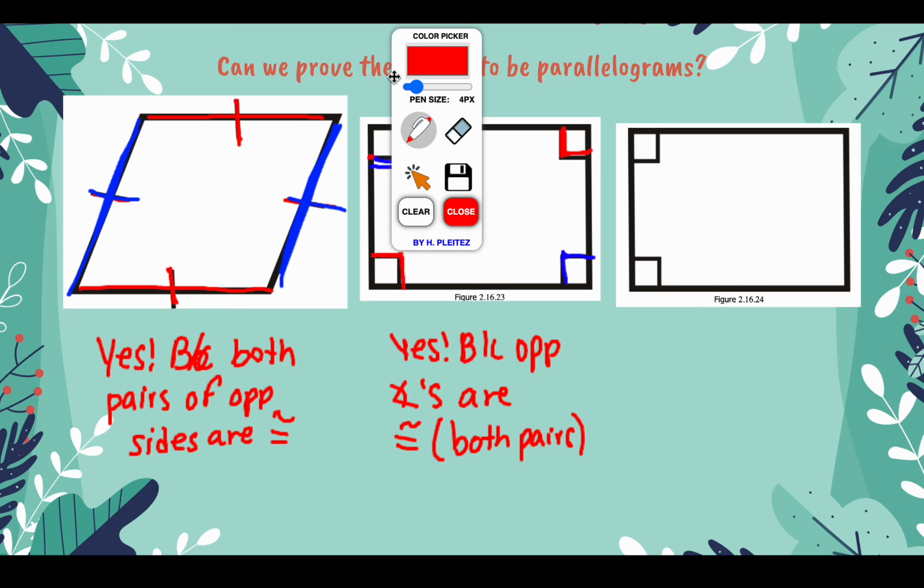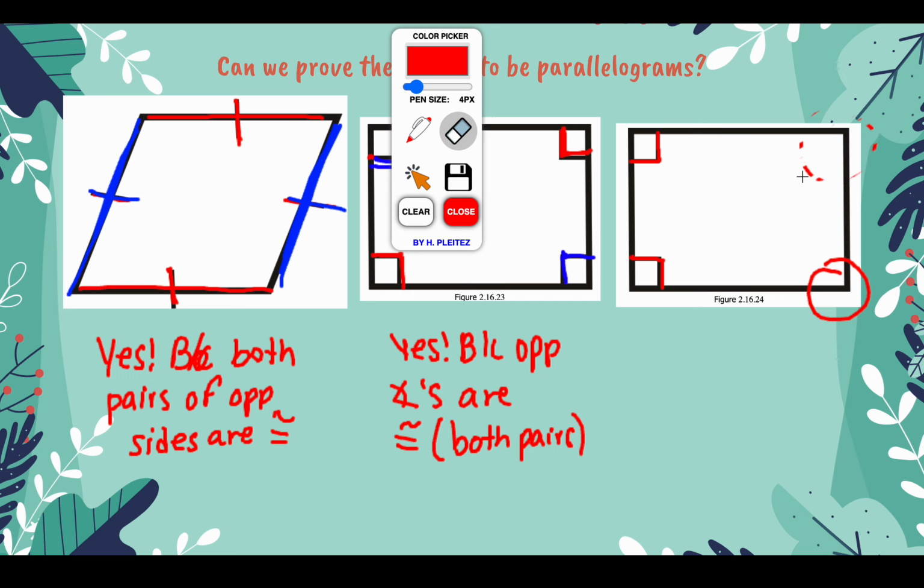Okay, last but not least, we have two 90-degree angles given to us. And it wants to know if we can prove that this is a parallelogram. Well, we can't really do much here. Like, we have a 90-degree angle here and a 90-degree angle there, so that's good. But we don't know enough info about this angle or this angle, right? We can't say that any of those two are 90 degrees because there's nothing there that will tell us that.